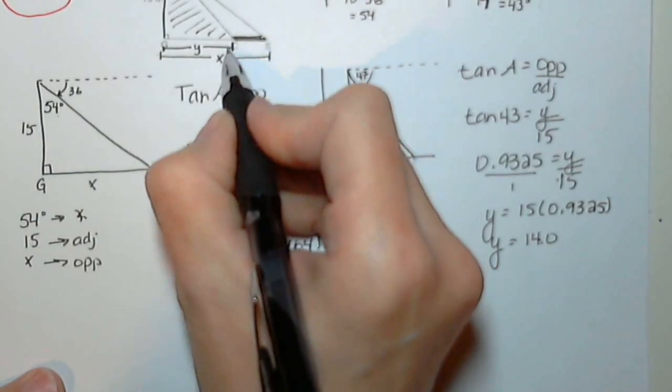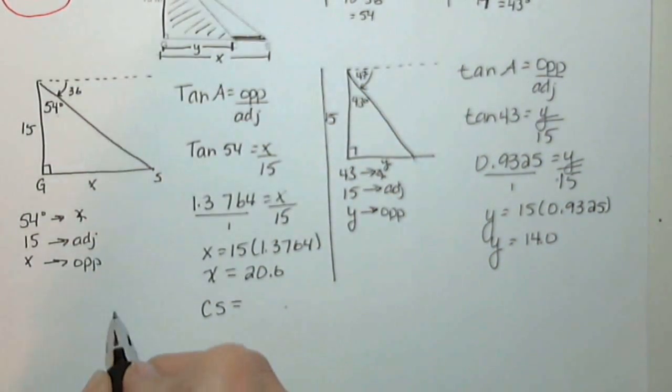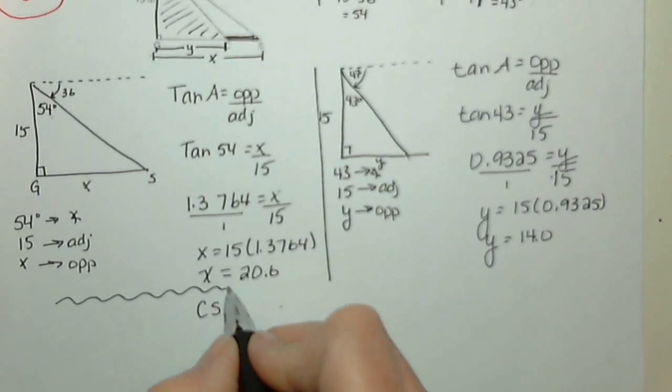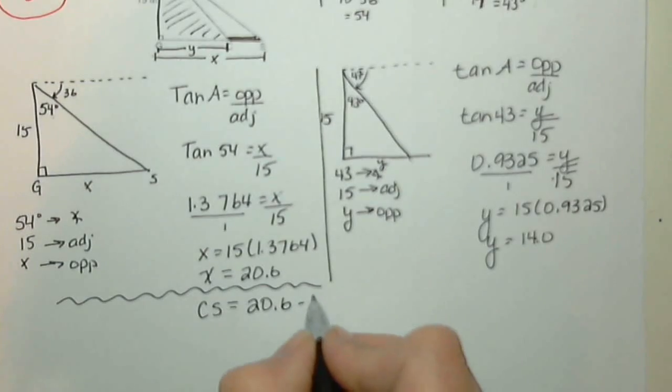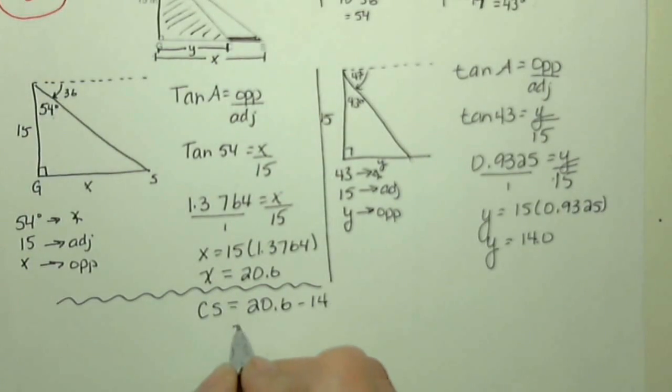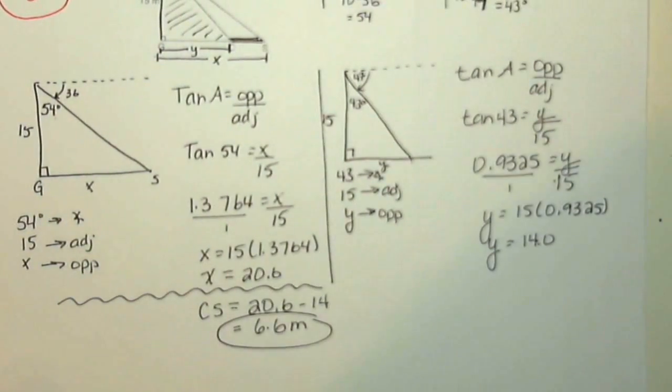Now that's distance CS, so I'm actually going to call it CS here. So, breaking that off, CS is equal to 20.6 minus 14, which is going to be 6.6 meters. And that is my final answer.